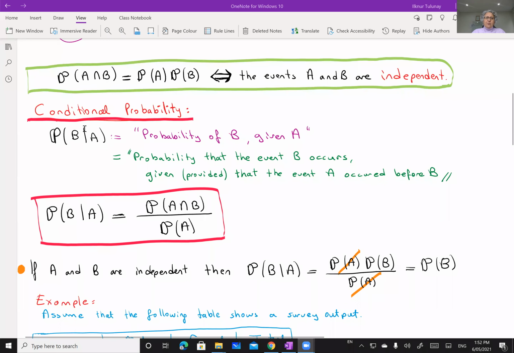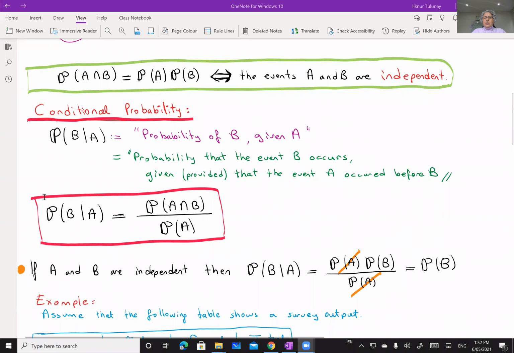This notation says the probability of B given A. In longer terms, it is the probability that the event B occurs given that the event A occurred before B. So you know that event A occurred, and then you ask yourself, what is the probability of B? That is called the conditional probability.